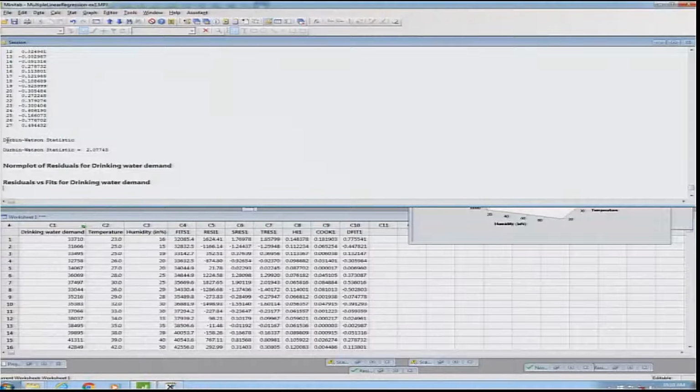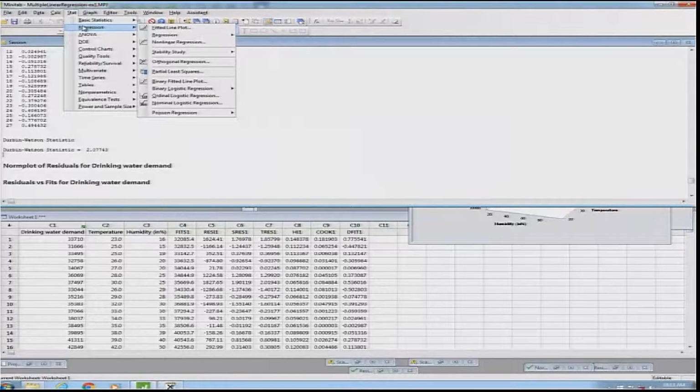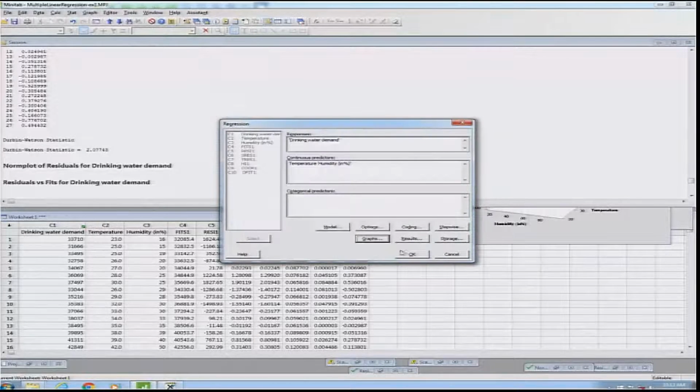And at the end we have the Durbin-Watson statistic, and we will store these results separately and then analyze them. But before we go for further analysis, let us also obtain the residual plots for the standardized case. So now I can choose this option, standardized, and let me do this analysis.